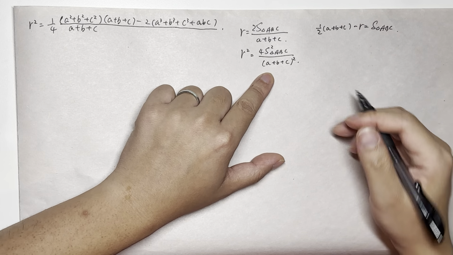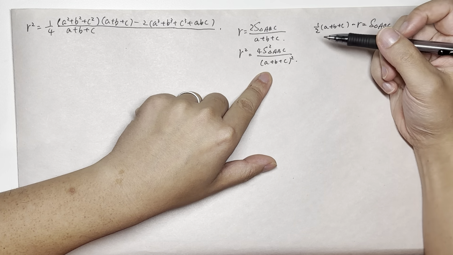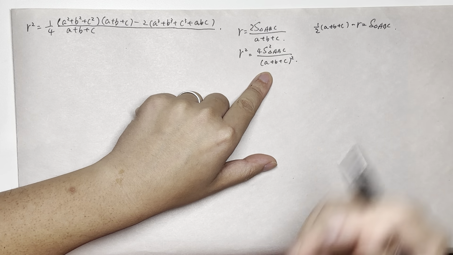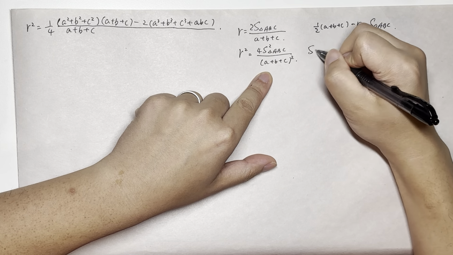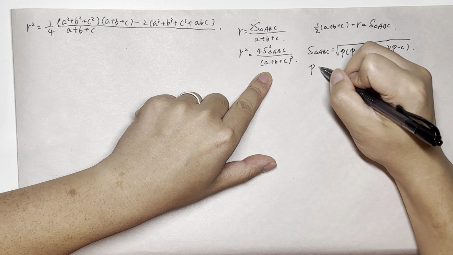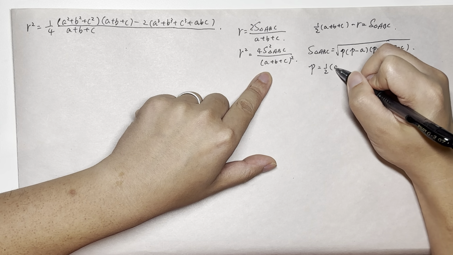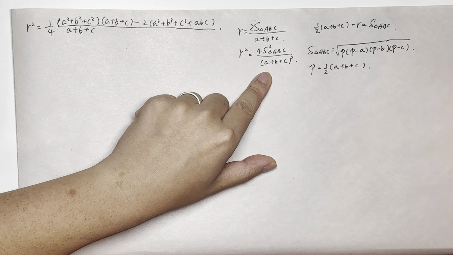Right? And we can use Heron's theorem that the triangle area can be calculated as the square root of p times (p minus a), (p minus b), (p minus c), where p equals half of a plus b plus c.